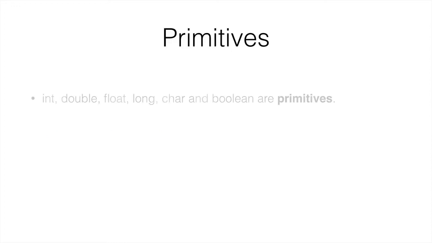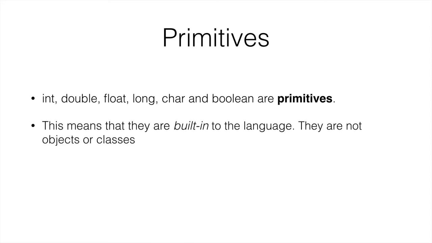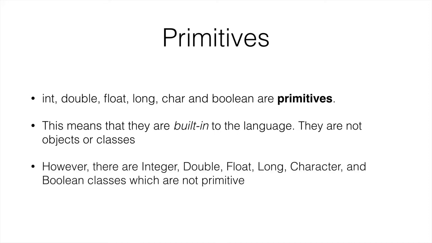As we've seen, int, double, float, long, char, and boolean are primitives. This means they are built into the language and they are not objects or classes. However, as I've said, there are Integer, Double, Float, Long, Character, and Boolean with a capital at the beginning, and these are classes which are not primitive. They are wrapper classes, and they have some functionality like the following.